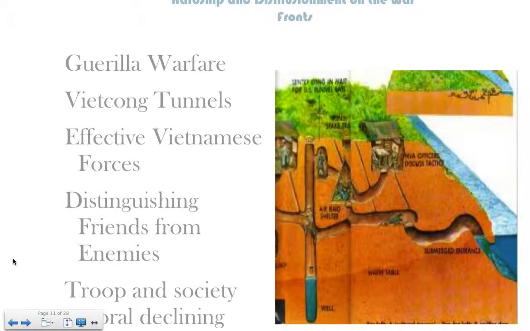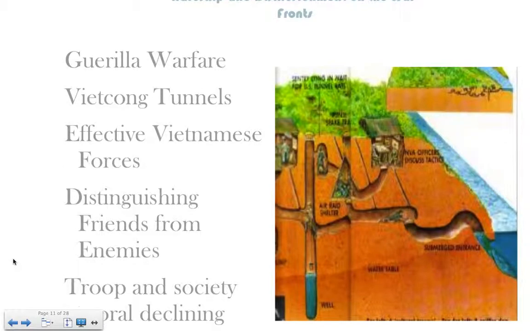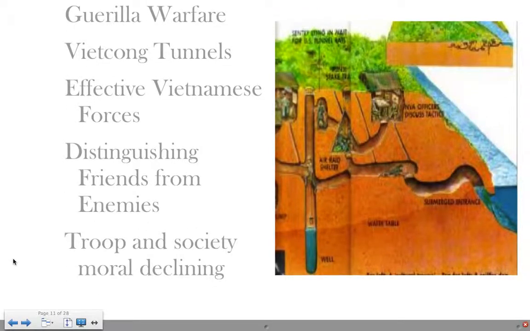Keep in mind, during this war, the ground warfare, many North Vietnamese had supplied the South, and so many South Vietnamese had joined the Viet Cong, the north side. And oftentimes, these search and destroy missions were to drive out the Viet Cong from their hideouts, but the hideouts were very difficult to find simply because of their expansive tunnels. And they had a very difficult time distinguishing between North Vietnamese, the Viet Cong, and then South Vietnamese. And this led to frustration and moral decline.